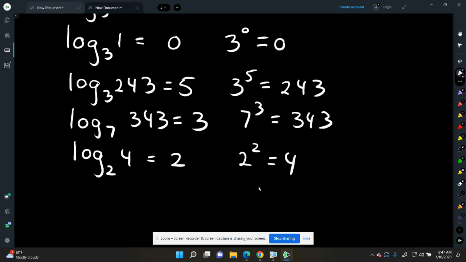On the homework, of course, you can see the first couple problems are a little bit harder because we've got some fractions in there.